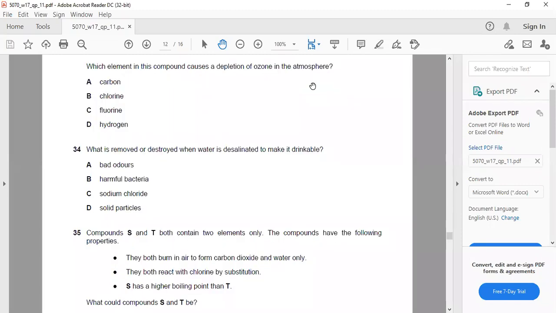What is removed when water is desalination? Saline means salt, removal of salt. Sodium chloride is a salt.